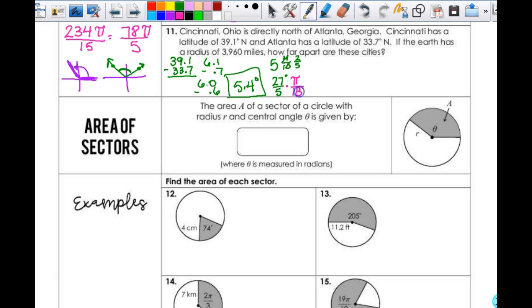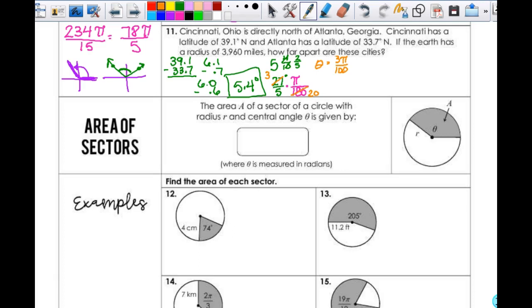Okay, can I reduce before I multiply? Yes, I can reduce by how much? 9. 9 goes into 27 3 times, into 180 20 times. So that means my theta in radians is 3 pi over 100. Okay? That's a process to get to, right?